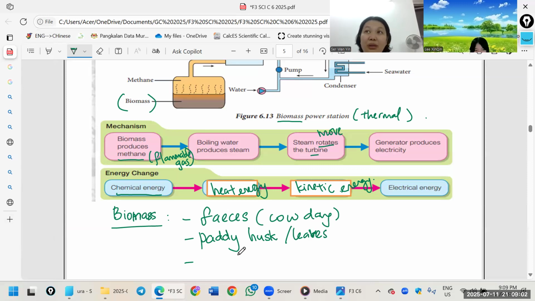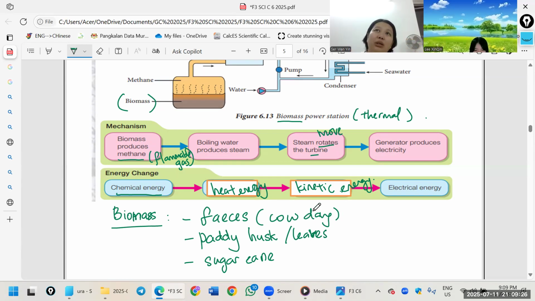For example, we Malaysia got a lot of sugar cane. That's why our sugar is, can say, the cheapest among the world.